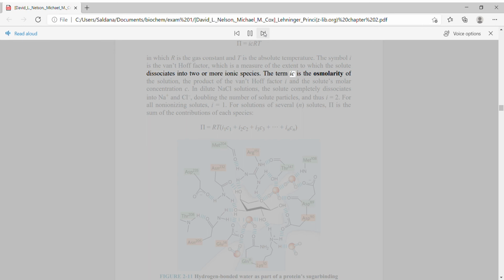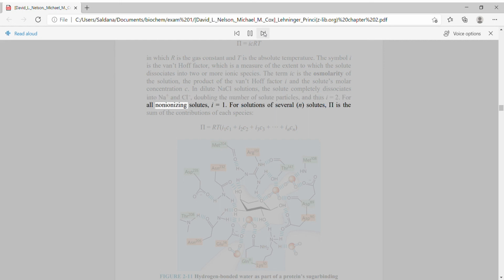The term iC is the osmolarity of the solution, the product of the Van 't Hoff factor i and the solute's molar concentration C. In dilute NaCl solutions, the solute completely dissociates into Na+ and Cl-, doubling the number of solute particles, and thus i equals 2.